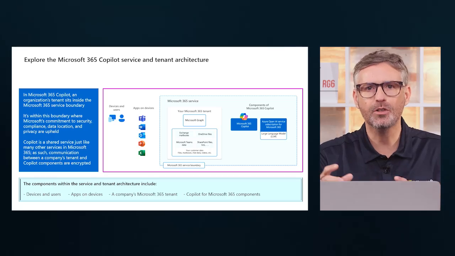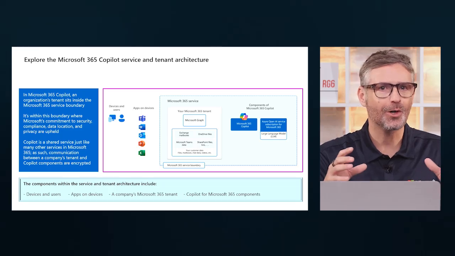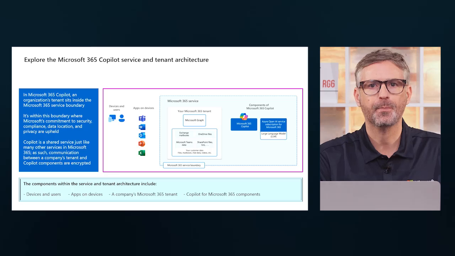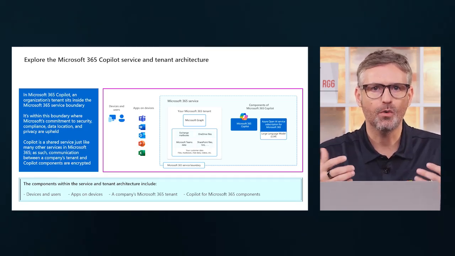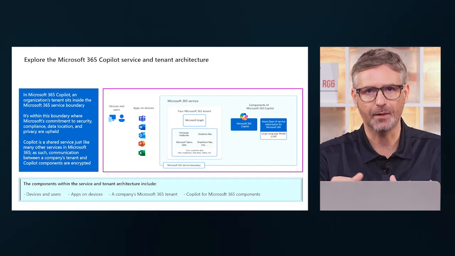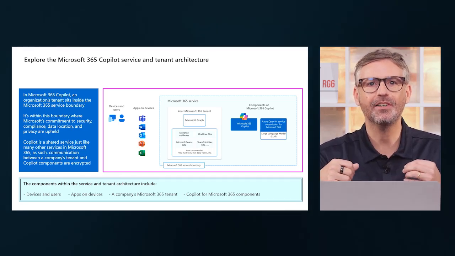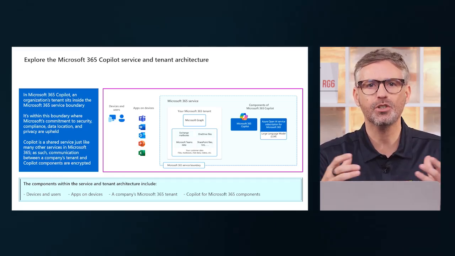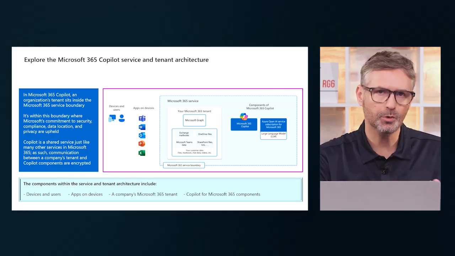Notably, the Copilot service acts as a shared resource, ensuring that all communications between your organization's tenant and the Copilot components are encrypted. This not only enhances security, but also fosters trust in the system. As we delve deeper into this architecture, consider how these elements work together to support your organization's goals and the potential benefits of integrating Copilot into your workflows.